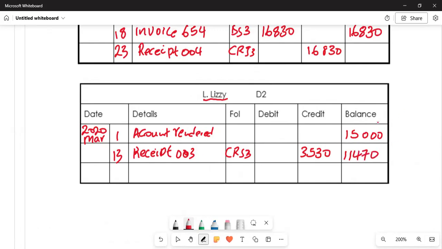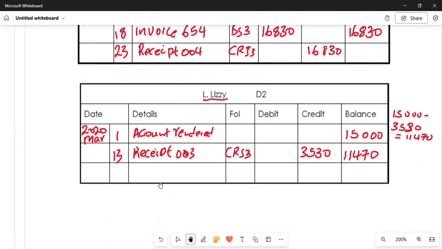So don't forget that we did say 15,000 minus, we subtracted our 3,530 from our balance, and then we managed to get 11,470. Hope we understand each other on that.